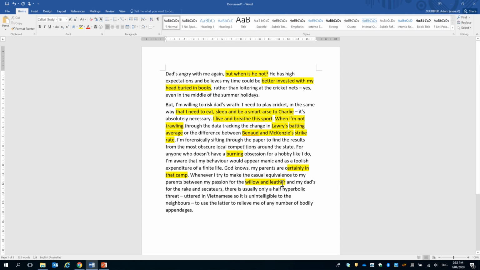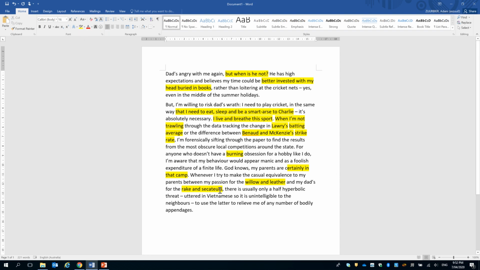So in this case, the metonym is willow and leather, which is a term that is standing in for cricket overall, his passion for cricket. Okay, and then there's another metonym here, which is my dad's for the rake and secateurs.